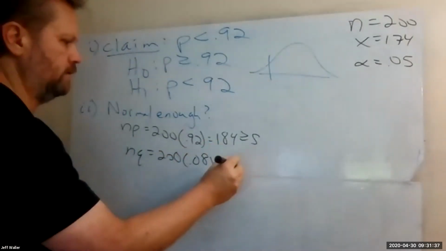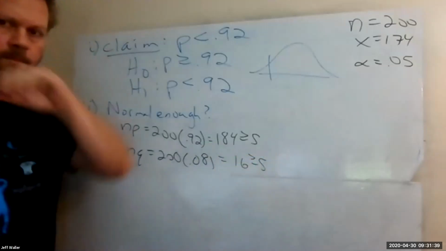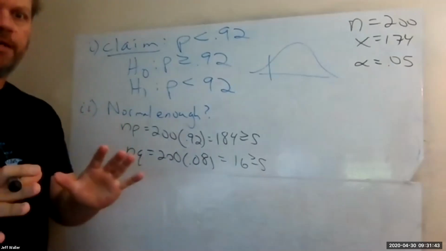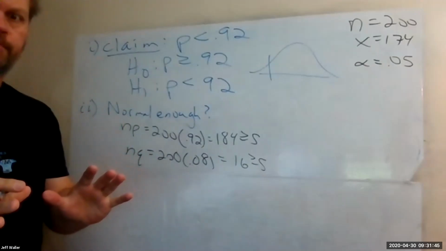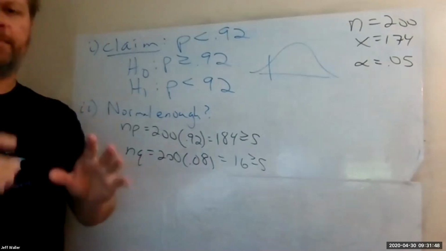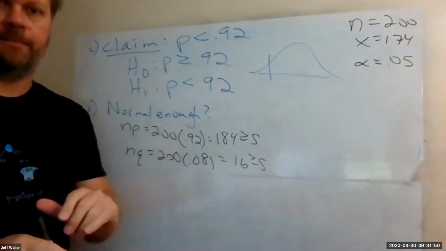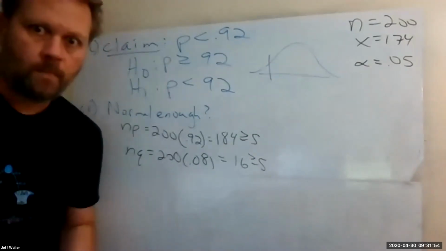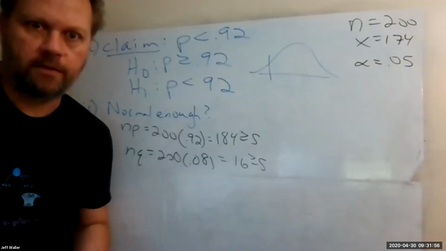And that's going to be the 16. Let me stop for a minute. Is everybody cool with what I just did? Is anybody not okay with what's happening? No. Okay. Everybody's good. All right.